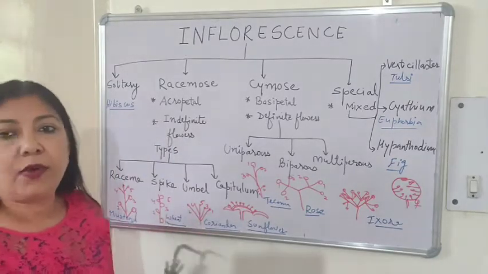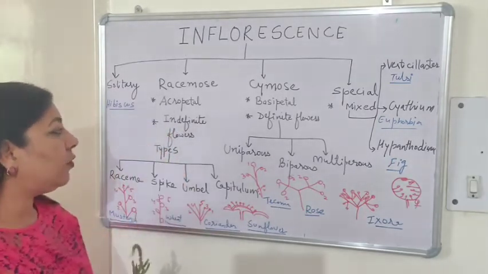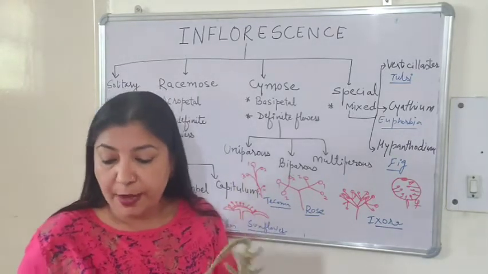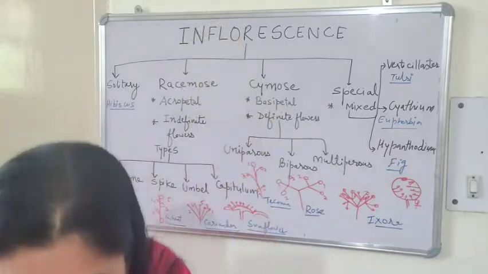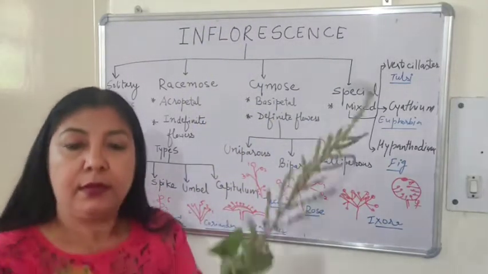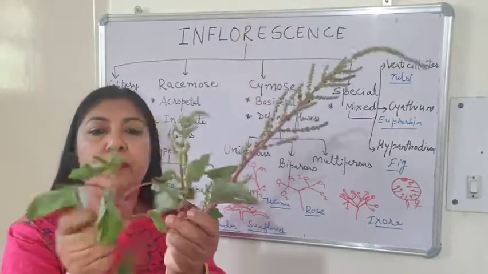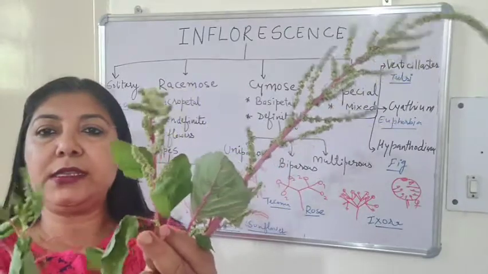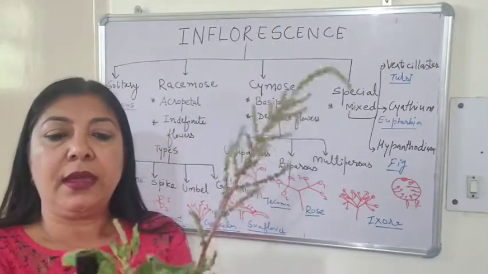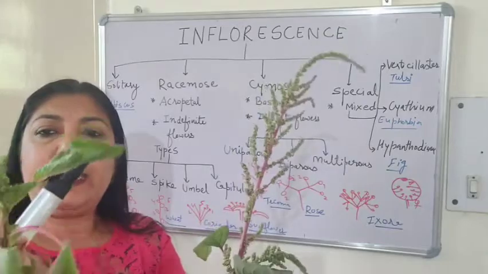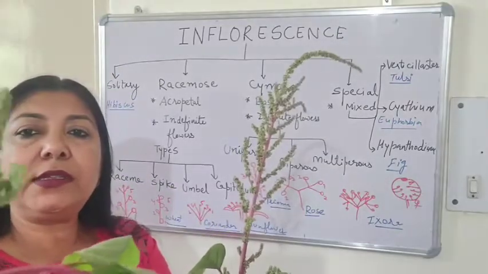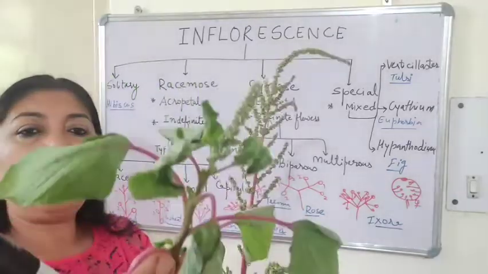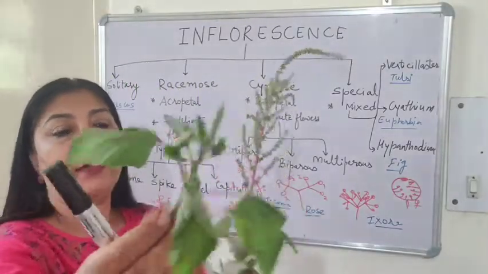Because of that, what happens? In case of racemose, there are an indefinite number of flowers. For example, I will show you 3 stages. This is the youngest stage of this plant. Now this grows like this and ultimately this. Here we cannot decide and tell how many flowers it will have. As it grows, the number of flowers will keep on increasing.